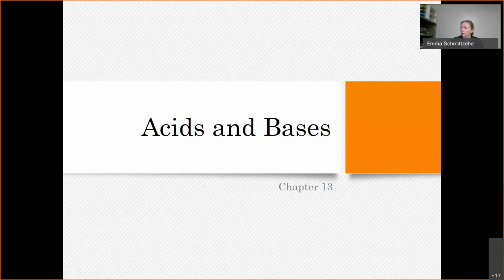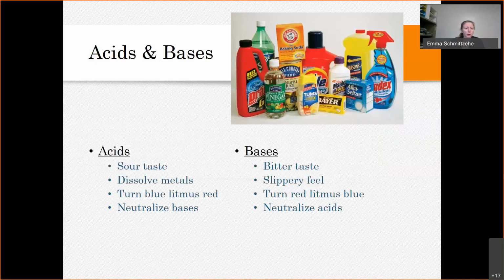First, let's start with just general characteristics of acids and bases. Most of the time, you're maybe familiar with this stuff. There are different characteristics substances typically have if they are acids or bases. One thing you could talk about is the taste.